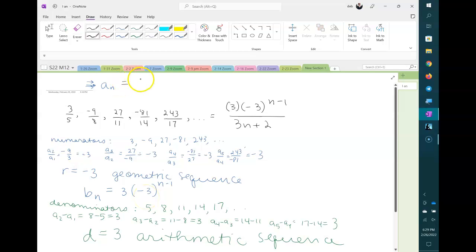So you can write it as A sub n equals 3 times -3 to the n minus 1 over 3n plus 2. Or you can do it like I did, where I'm saying these, when I put the curly braces on the formula, it's saying the sequence generated by this formula.